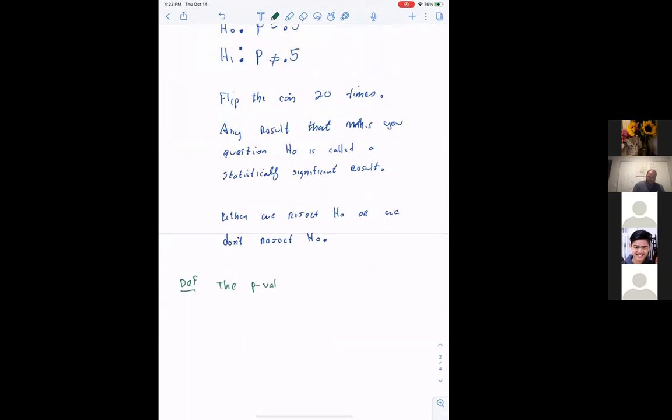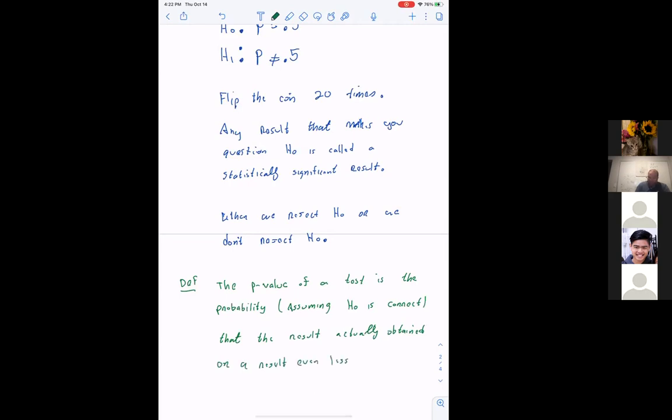The p-value of a test is the probability, assuming, and this is important, assuming H naught is correct, that the result actually obtained, or a result even less likely, occurred.